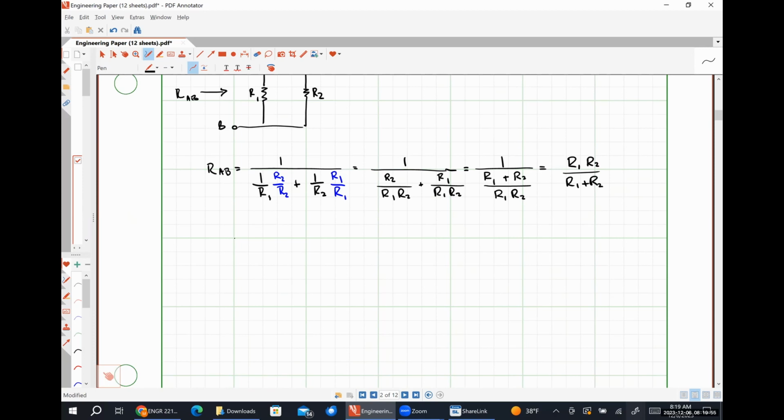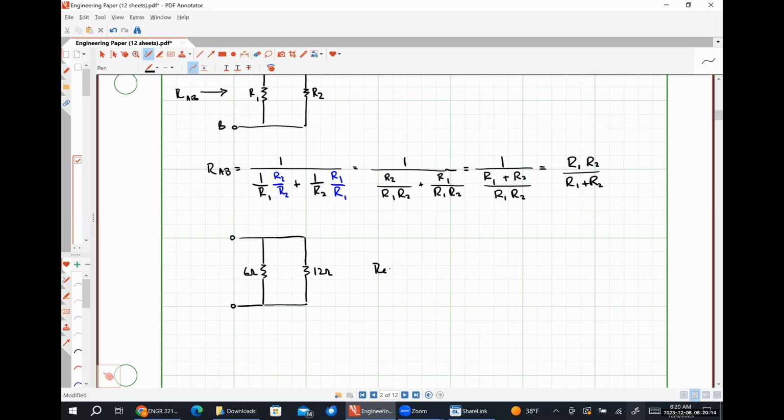If we had a network like this, so let's put a 6 ohm resistor here and a 12 ohm resistor here.